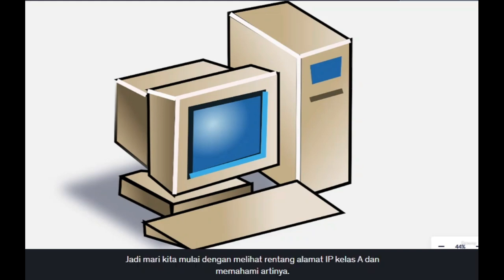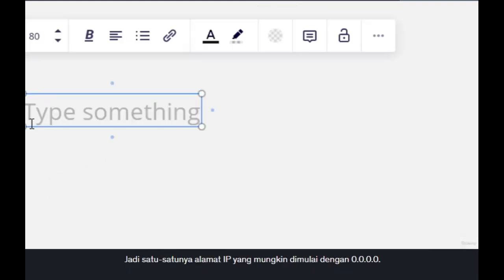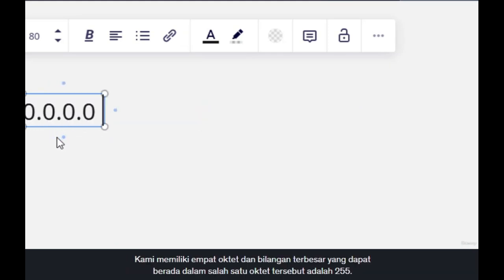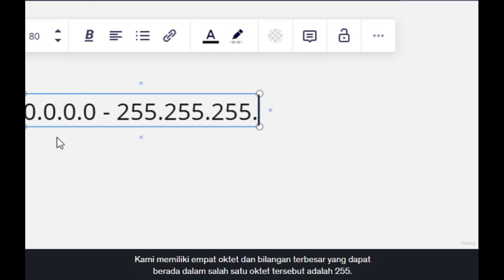So let's start by looking at a class A IP address range and understand what that means. The only possible IP addresses start with 0.0.0.0, right? We have 4 octets, and the largest any number can be within one of those octets is 255.